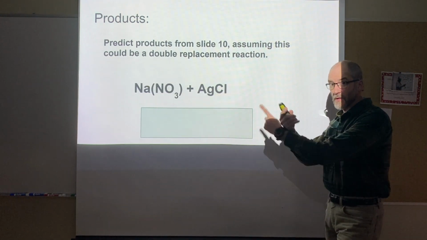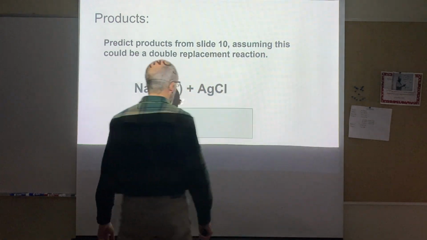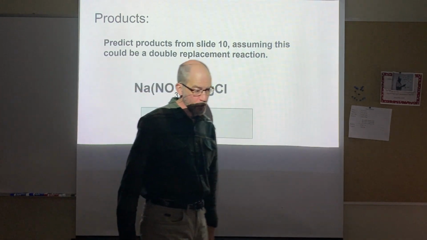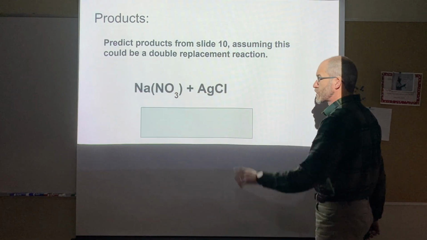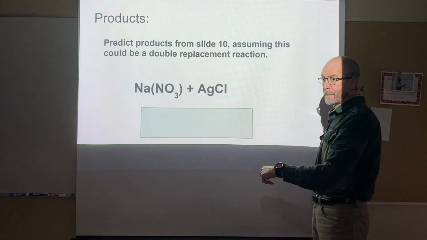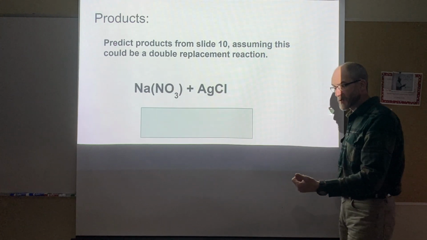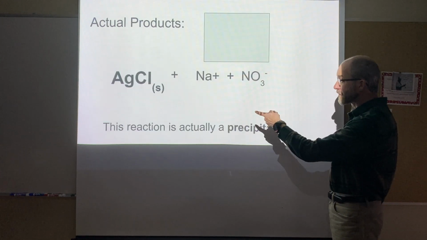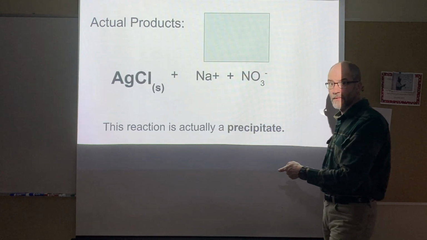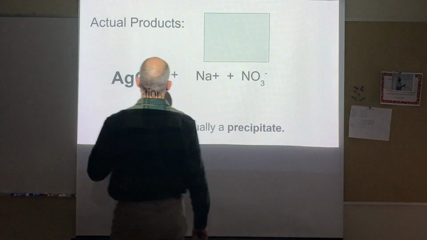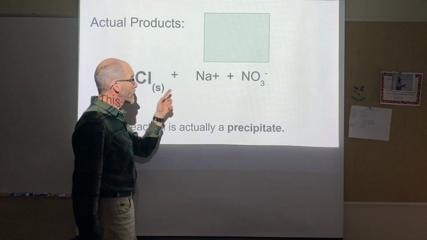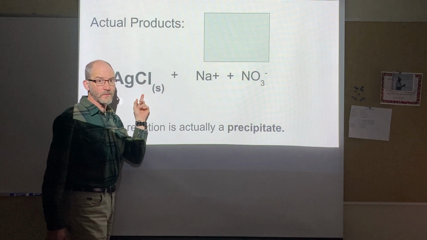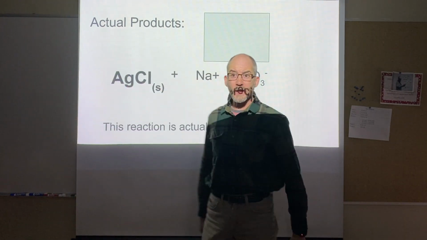Or double displacement. Now, here's the key to the discussion today. Just because you get this doesn't mean that if something is aqueous in water, when we look at this, here's what we find out. We find out that all of a sudden we have one product that is no longer aqueous.